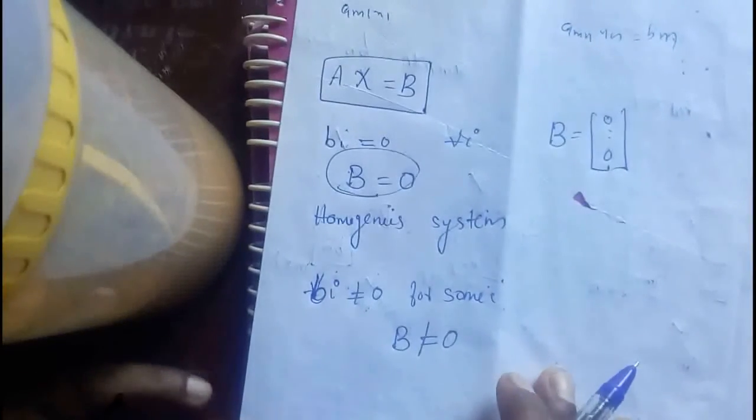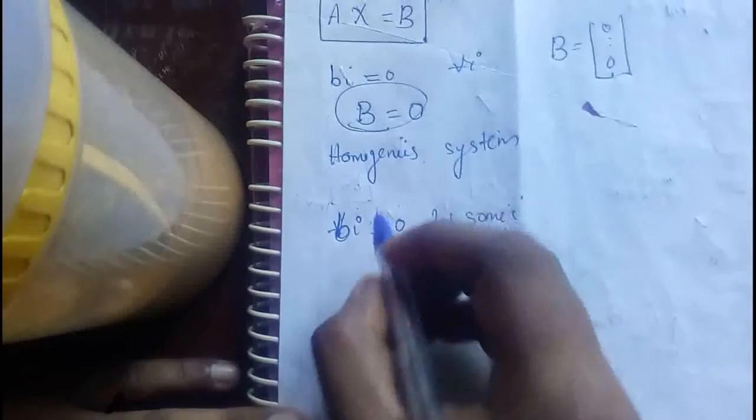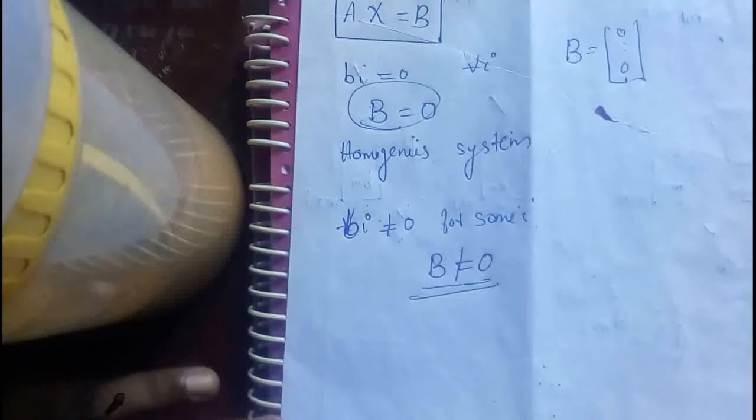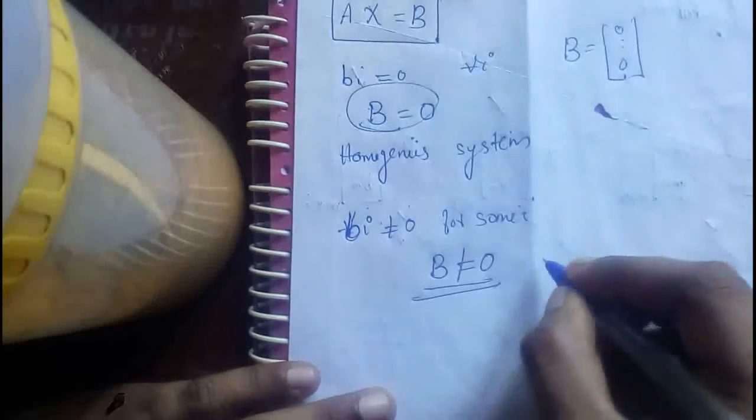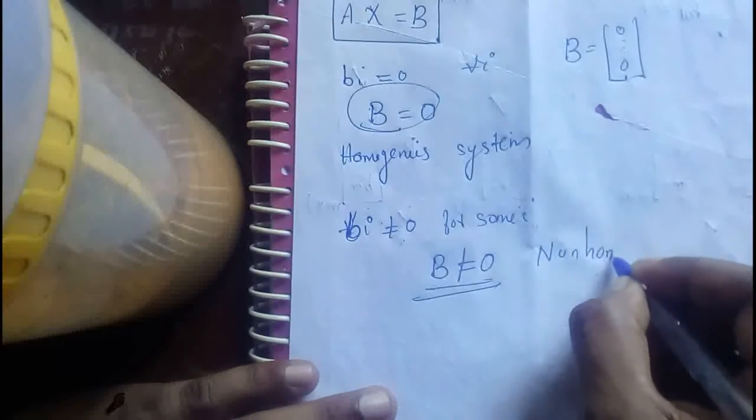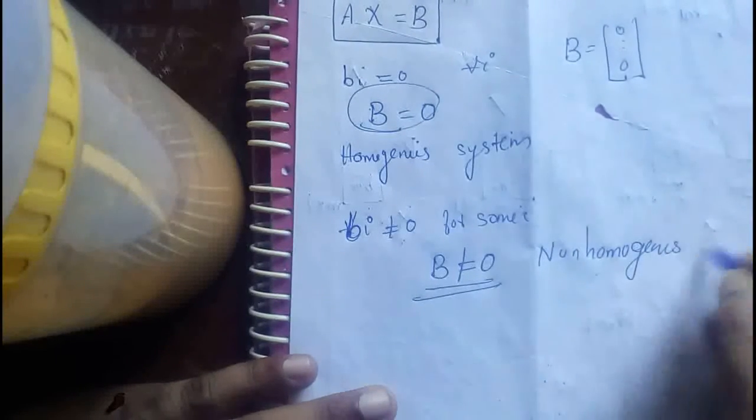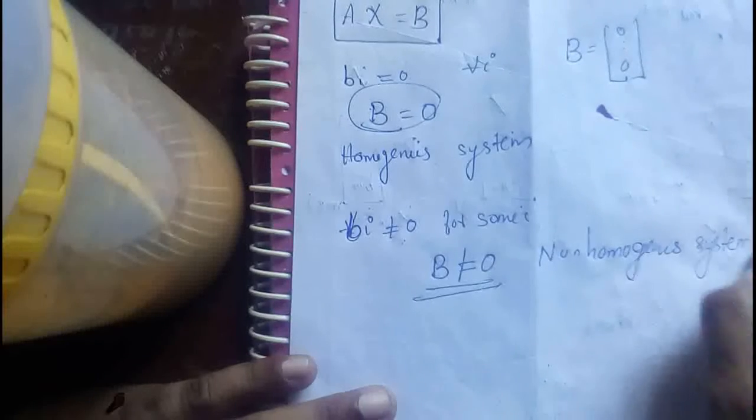Capital B not equal to 0 means some small Bi is not equal to 0. Then we can say such a system is a non-homogeneous system.